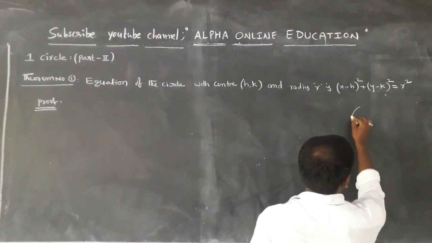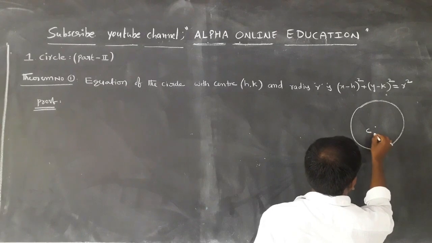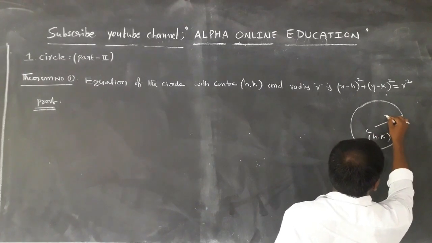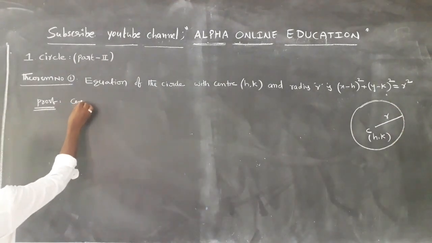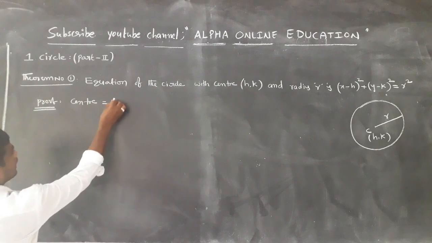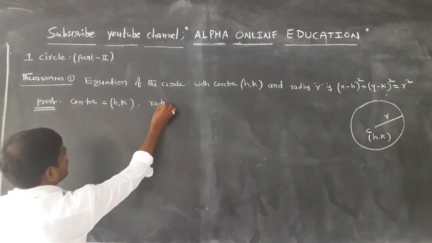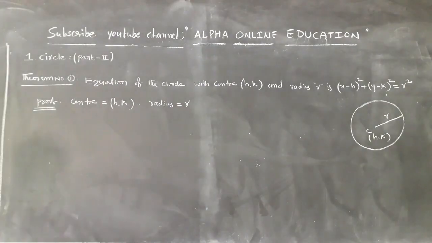Here given that center h comma k and radius small r.